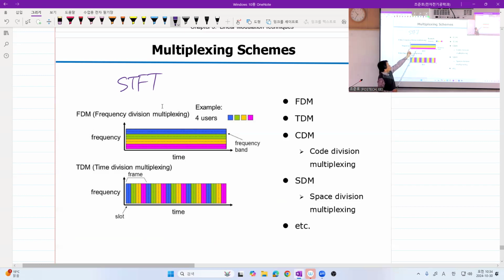So from this short duration, one of your multiplex signals occupying the frequency domain this band, some other signal, this band, that band, that band. In that way, during the same period of time, 4 signals can be multiplexed and occupy this entire band.